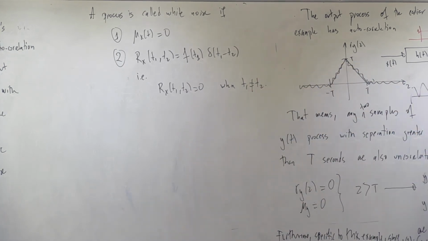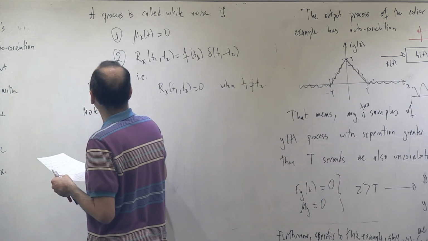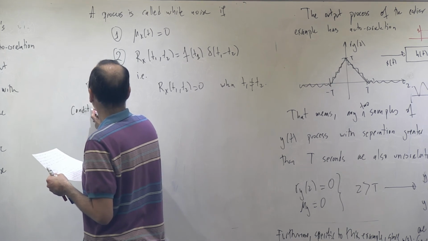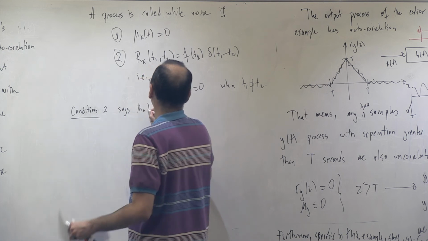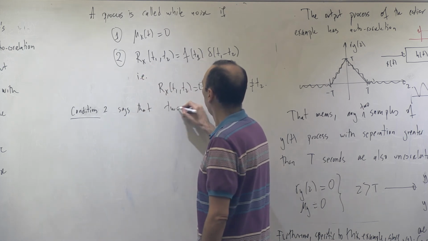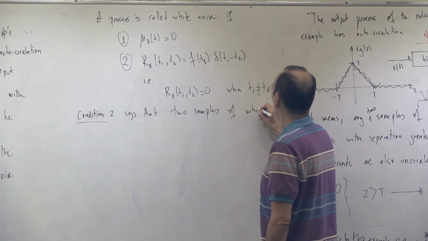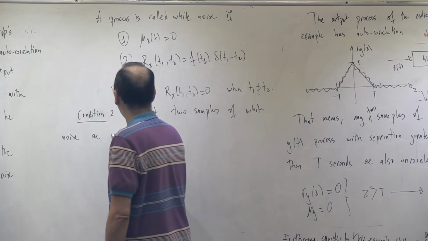That's the case. Let me write this. Condition 2 says that two samples of white noise are uncorrelated.